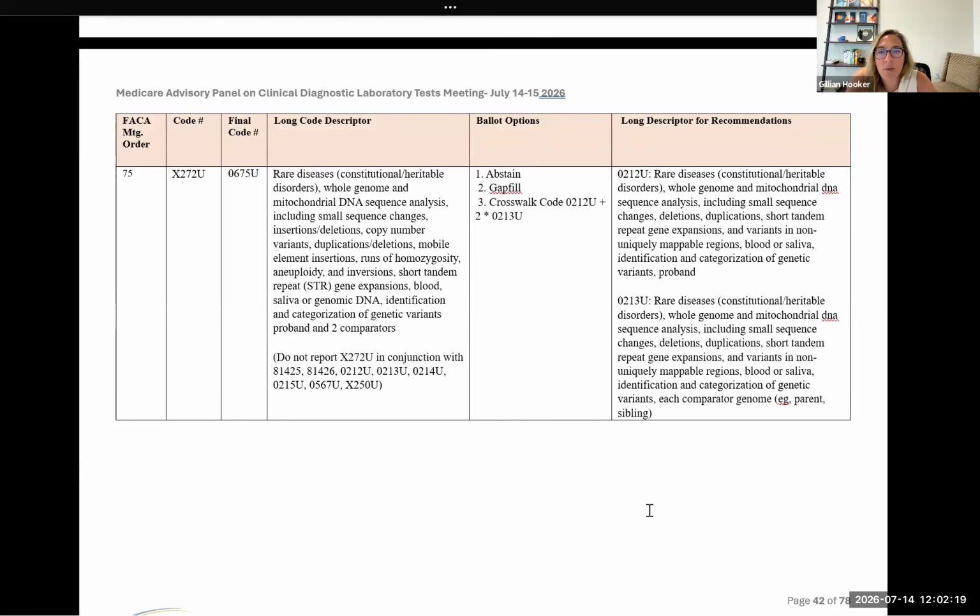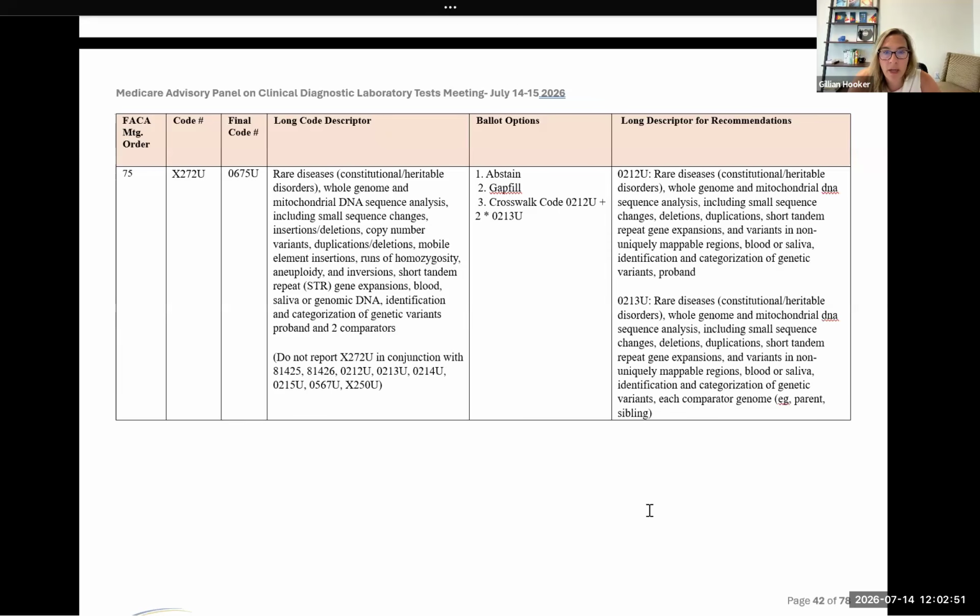The sponsors recommended crosswalk to 1 unit of 0212U, previously reviewed, which is a whole genome and mitochondrial DNA sequence analysis for the proband. In this case, because it's a trio, it would then be crosswalked to 1 unit of the proband code plus 2 units of the comparator code 0213U, which is the comparator for the genome and mitochondrial DNA analysis.